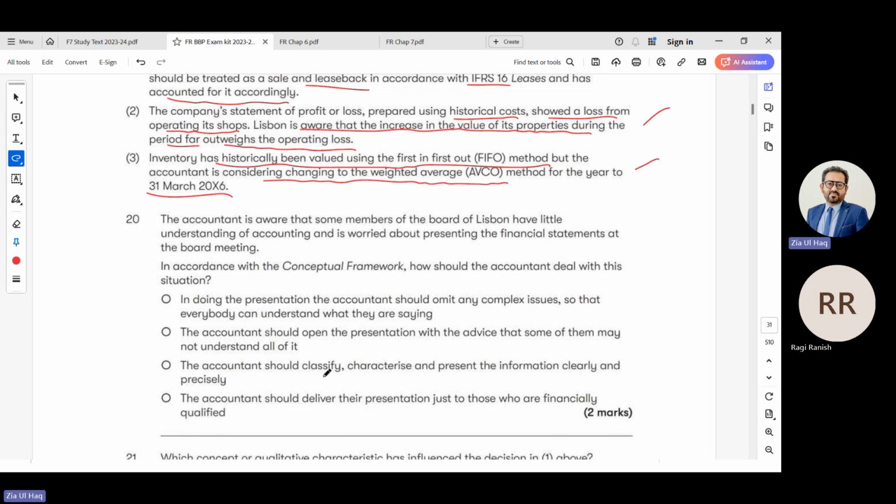The accountant should classify, characterize, and present the information clearly and precisely. By classifying everything separately, they will be able to understand. The accountant should deliver their presentation just to those who are financially qualified. No. Option C.